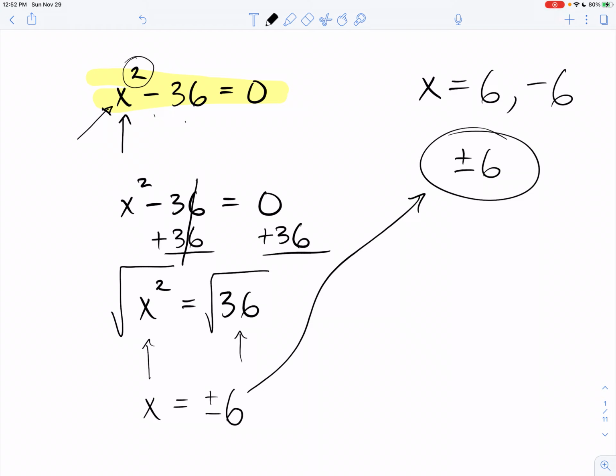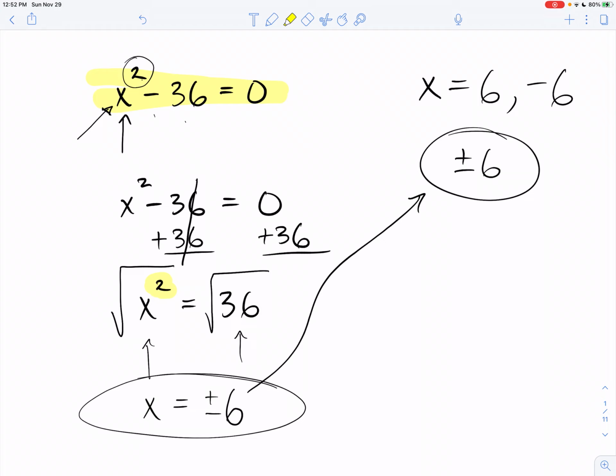Or if I plugged in -6, -6 squared means -6 times -6. That would be 36. Take away 36, I'd get 0 again. So all our answers are going to have this plus minus look to them to represent the two answers that are possible when we solve a quadratic equation.